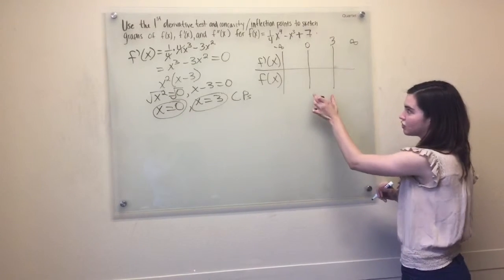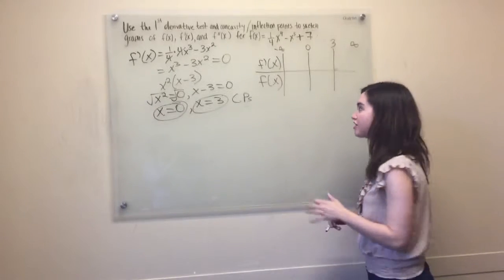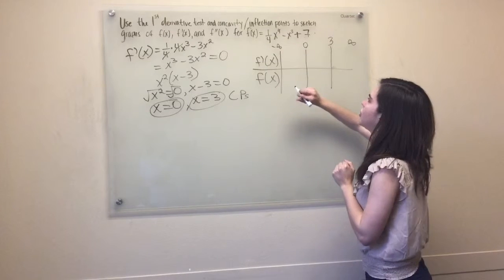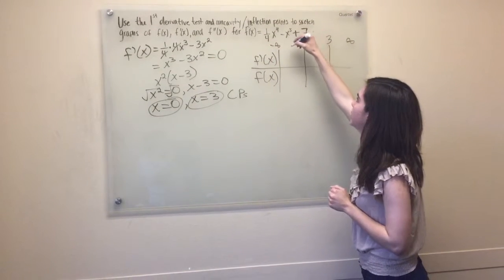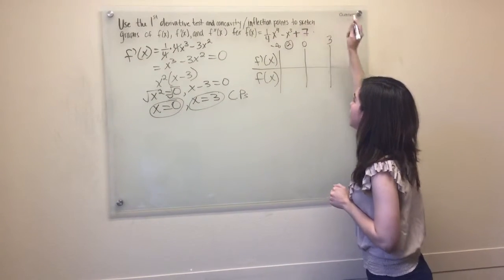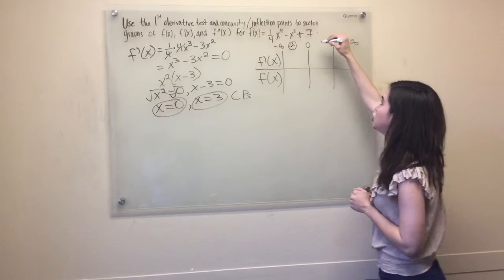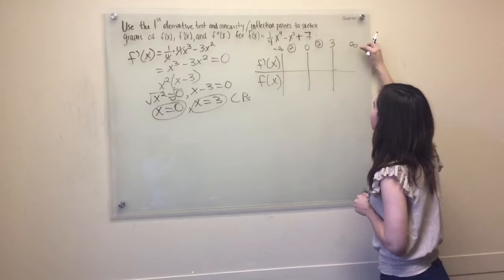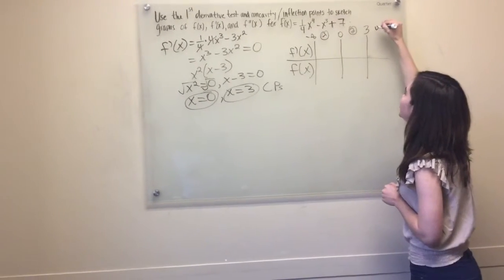In each interval, we can pick any number that fits. For negative infinity to 0, we can pick -1. For 0 to 3, we can choose 2. And for 3 to infinity, we can do 4.